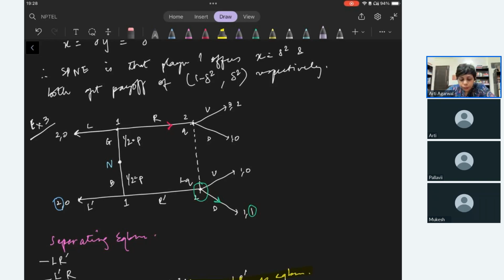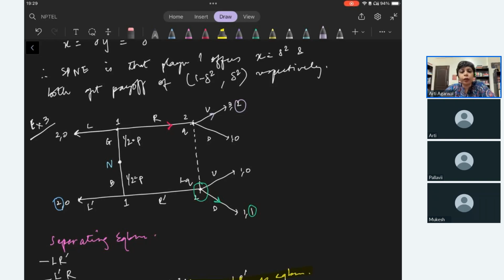So now if player 1 is playing R and player 2 knows that player 1 is playing R with certainty, he's going to now choose between U and D. Now strategy U is giving him a payoff of 2, whereas strategy D is giving him a payoff of 0. So he's going to play strategy U here, right?